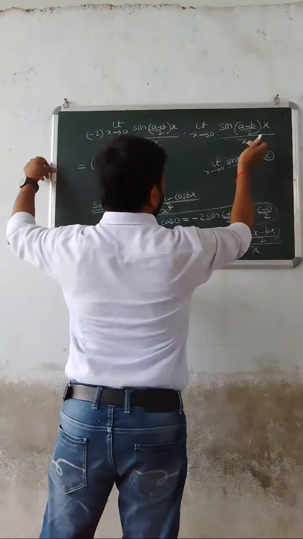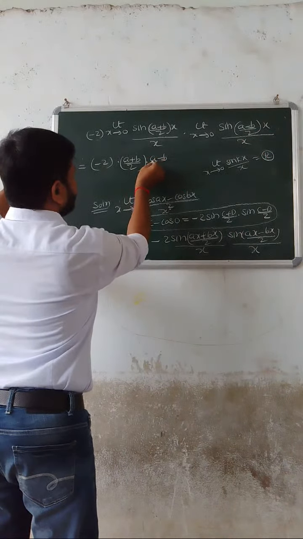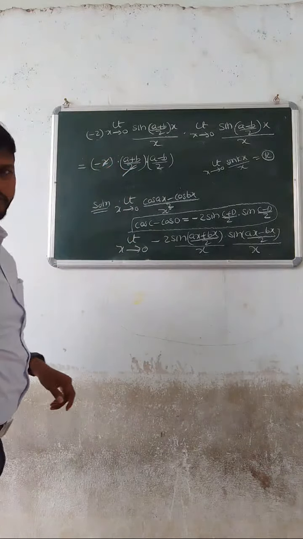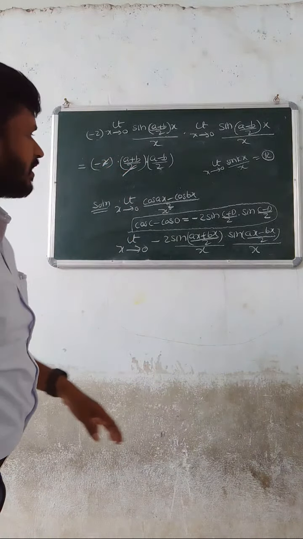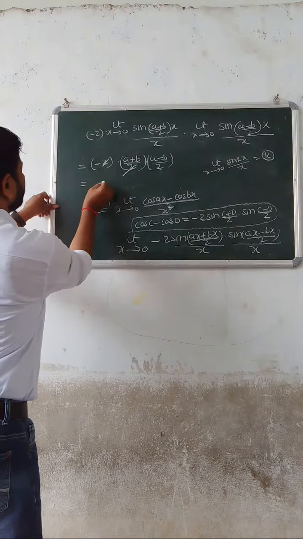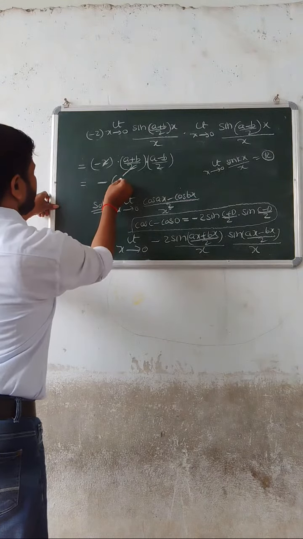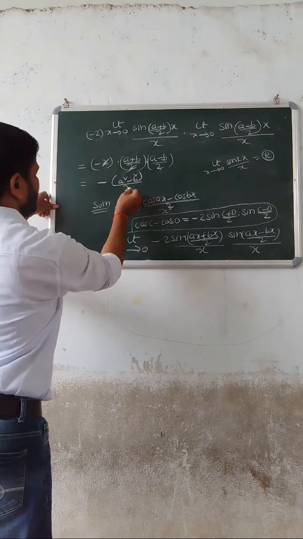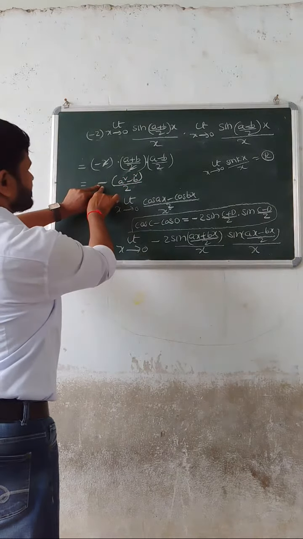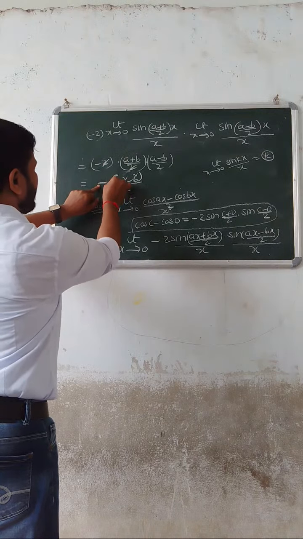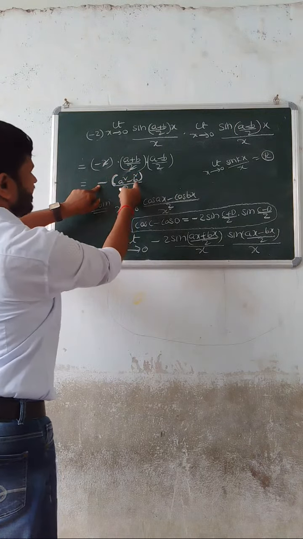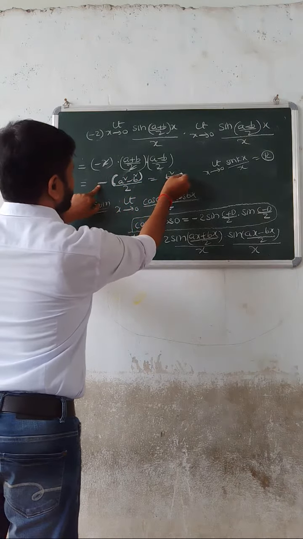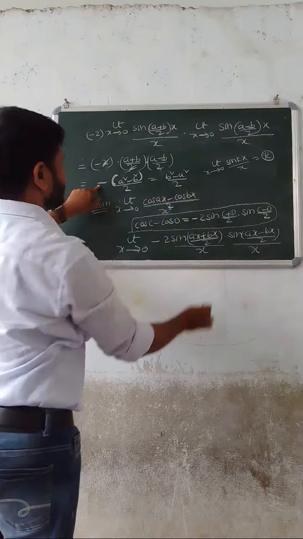Again, sin kx by x is k. The 2 and 2 cancel, since numerator and denominator terms are equal. And what remains is minus (a+b)(a-b), that is (a² - b²)/2. If the minus moves inside, it changes to (b² - a²)/2.